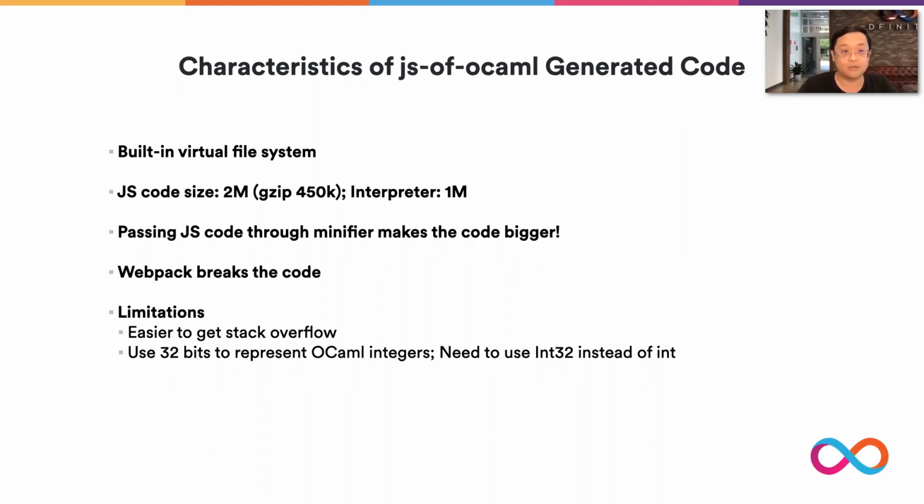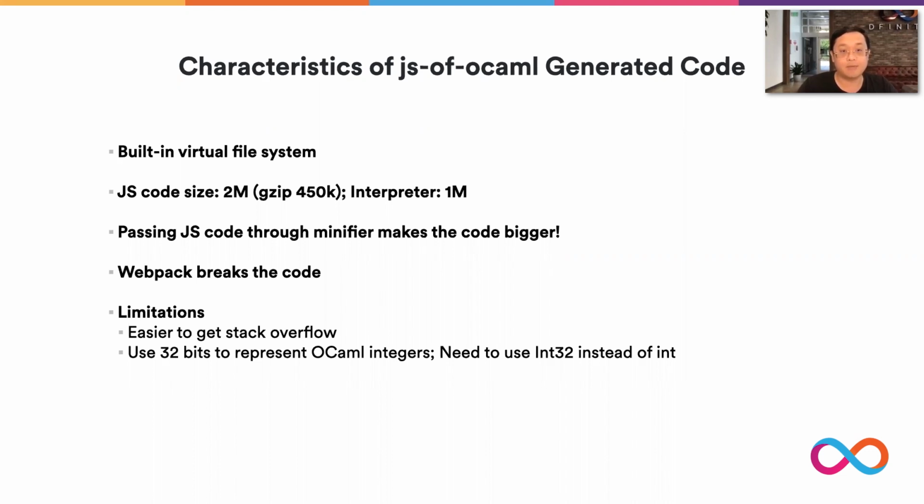Another minor limitation of this approach is that because you are generating to JavaScript, with all the closures and the JavaScript runtime heaps, it's easier to get a stack overflow. We see this a lot in the interpreter, but on the compiler side, we have never seen a stack overflow, at least for now.